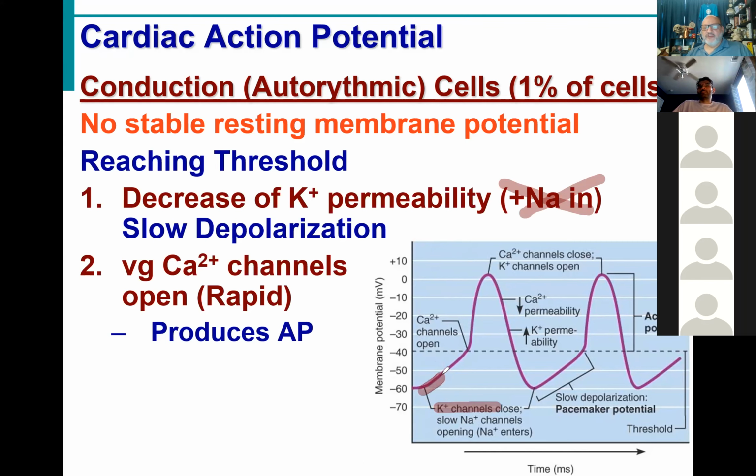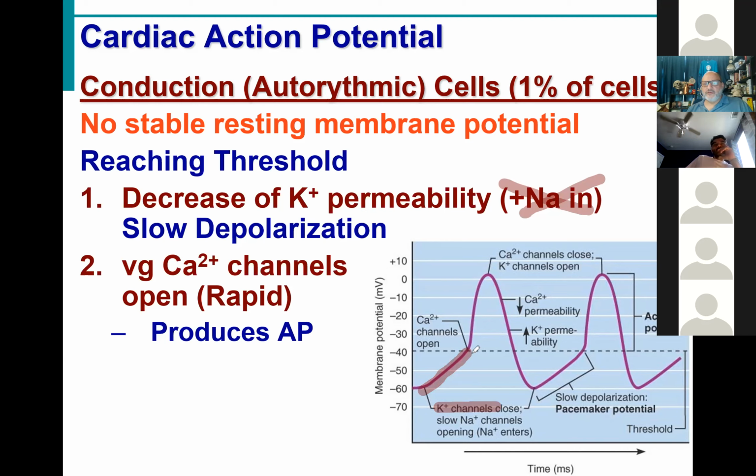Potassium channels are closing, more potassium is inside. Cell gets more positive until we reach threshold. At threshold, those voltage gated calcium channels open and we get a massive influx of calcium. And that is our action potential, the big rapid depolarization.